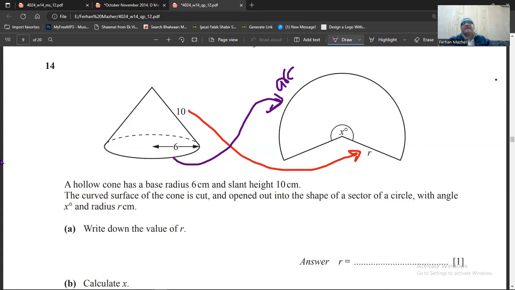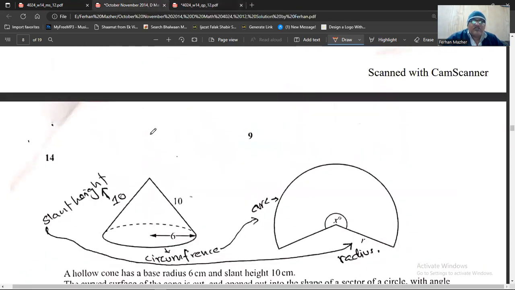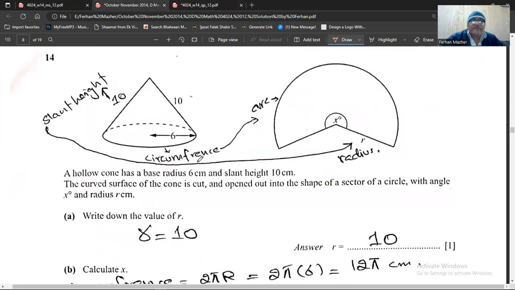Remember, this is the concept. So what will this radius be? That will be 10 centimeters. The slant height is equal to the radius of this sector, so the radius of the sector will be 10.